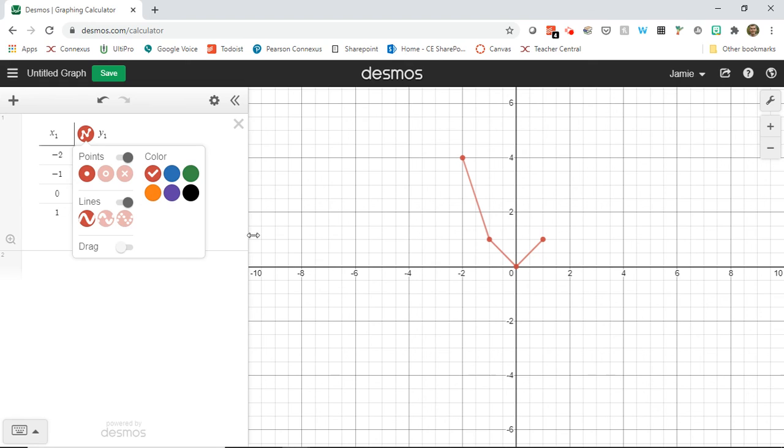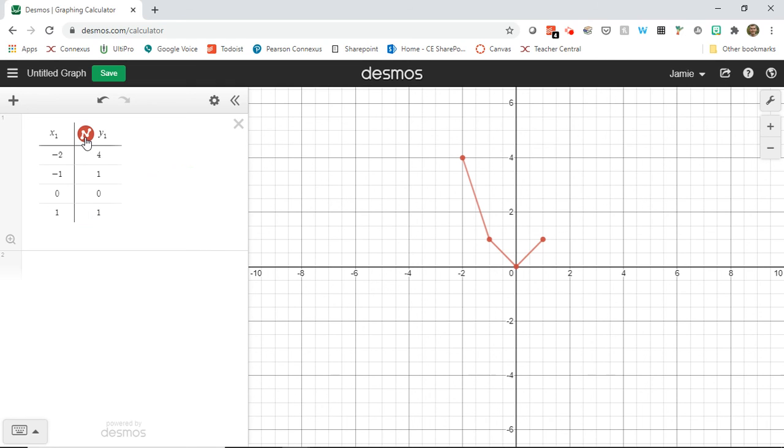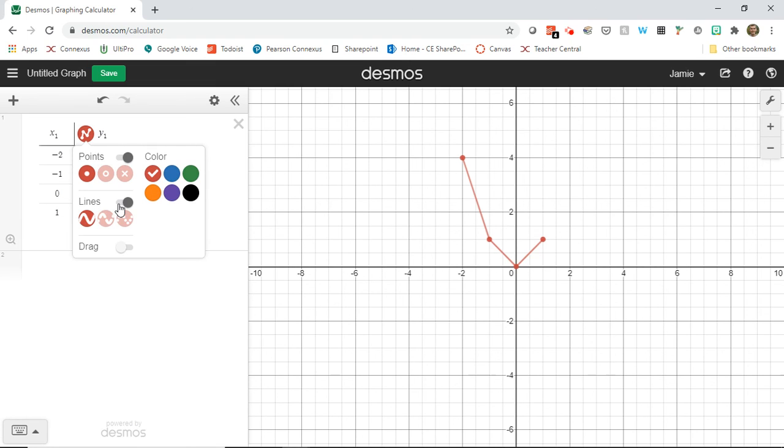Since it doesn't know the exact function, it's going to make straight lines between these. They could be curved depending on what the function is, but those are just some options that you can see there. If I wanted to see what the graph of those points looks like, I could do that and look at it that way.